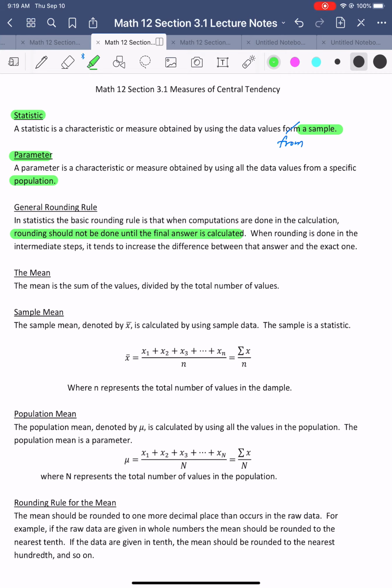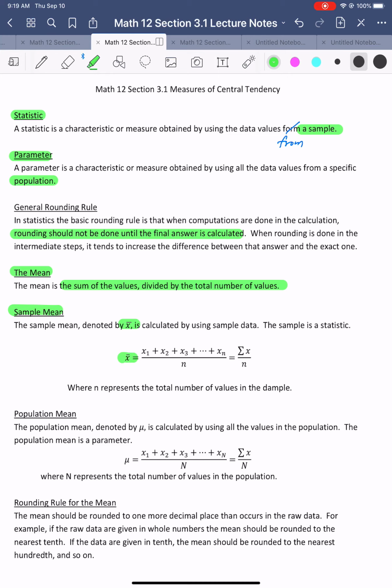Okay, so the first measure of central tendency is the mean. The mean is the sum of the values divided by the total number of values. For a sample mean, we call it x bar.